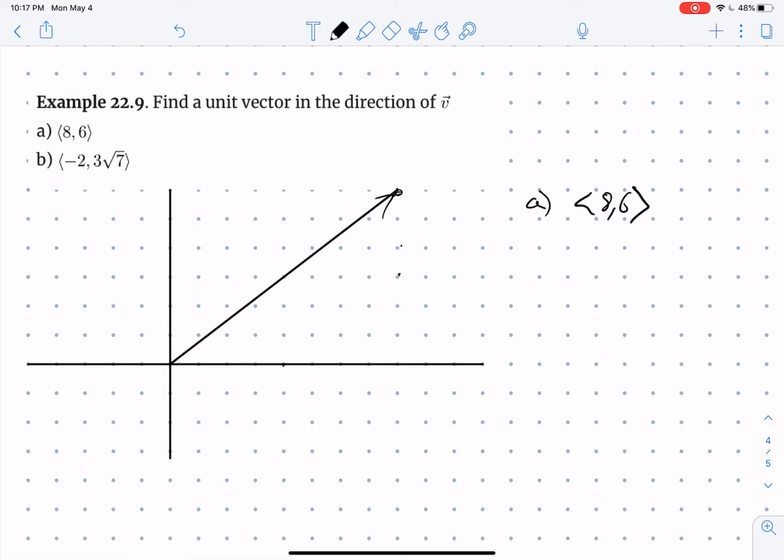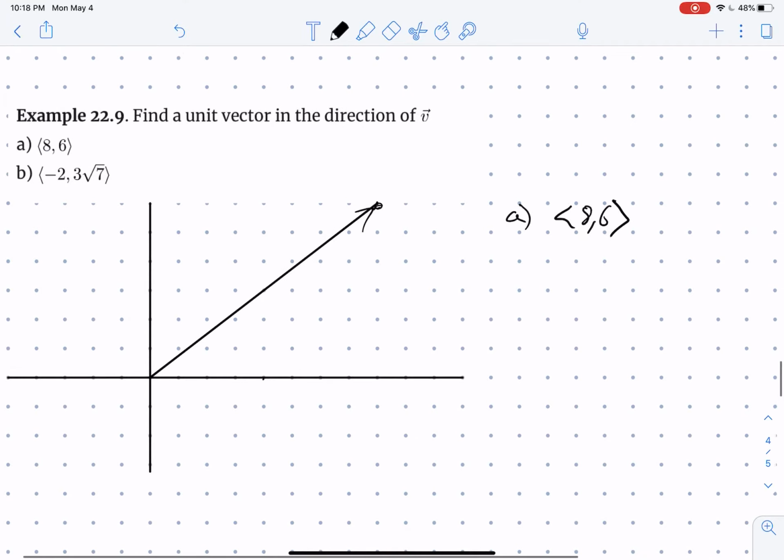Now, is this a unit vector? Well, I can tell just by looking at it that the length is way longer than 1. Length 1 would be down here some way. So this is not a unit vector. How do we make it into a unit vector? What we would like to do is shrink it without changing the direction until it gets as short as a unit vector. To do it, let's first calculate the magnitude of this vector.